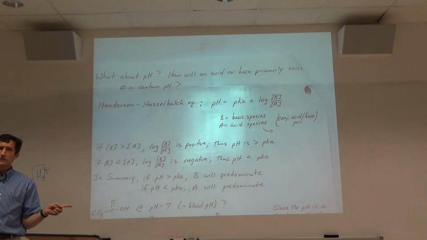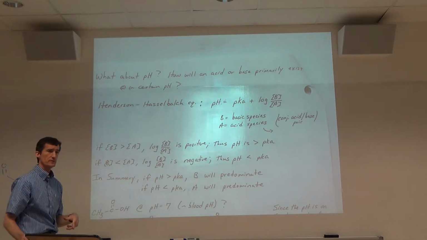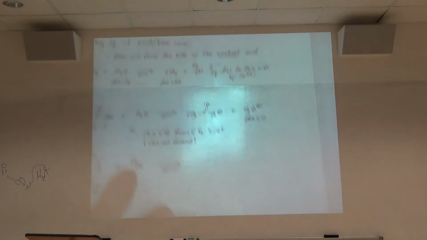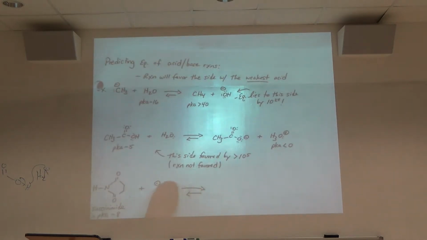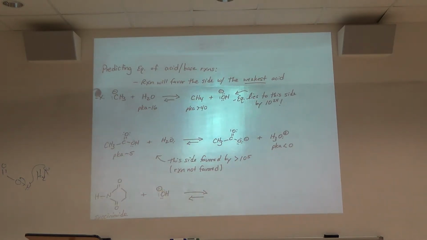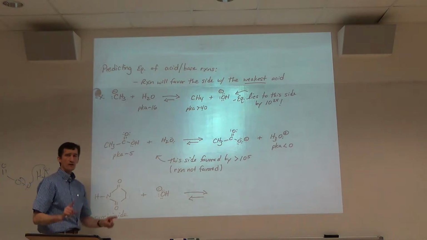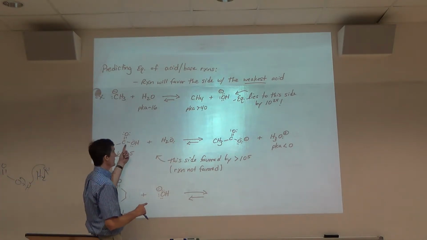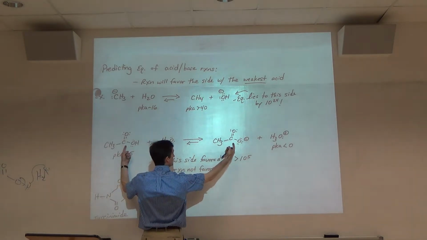Well, what is the basic species? What is the acidic species? We go back over here and look at one of our reactions. We show both species. We're talking about a conjugate acid-base pair, for example, here and here. Do I agree this is a conjugate acid-base pair? Okay, which one is the acidic species, left or right?